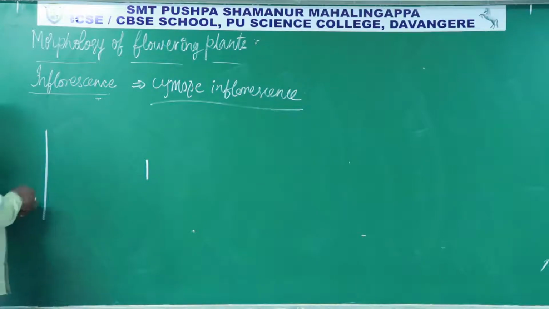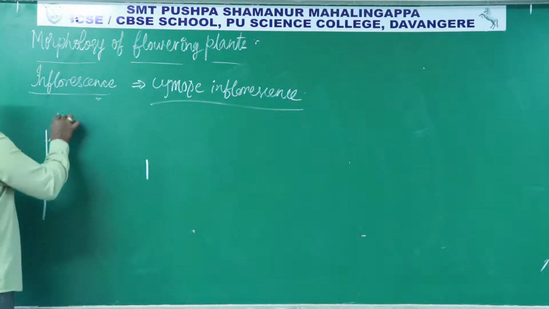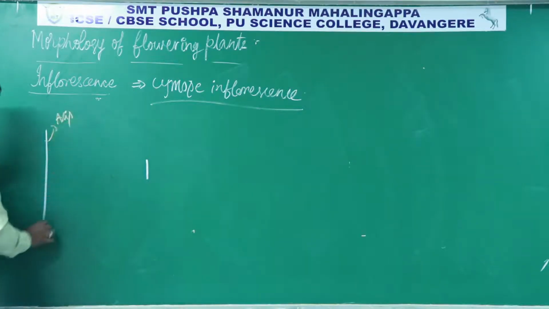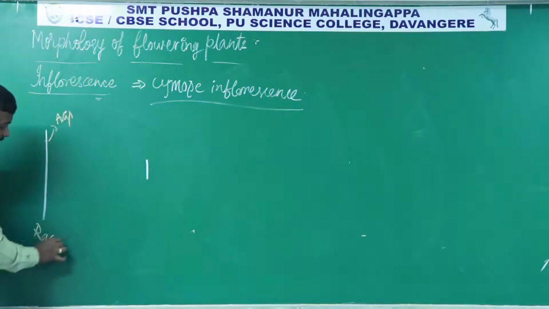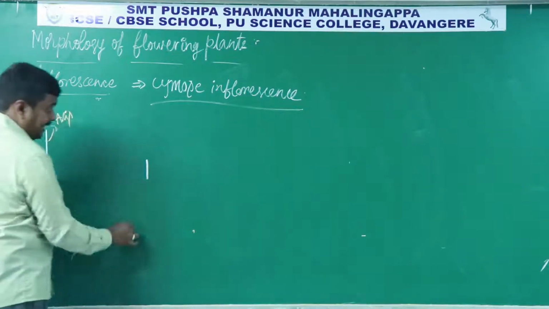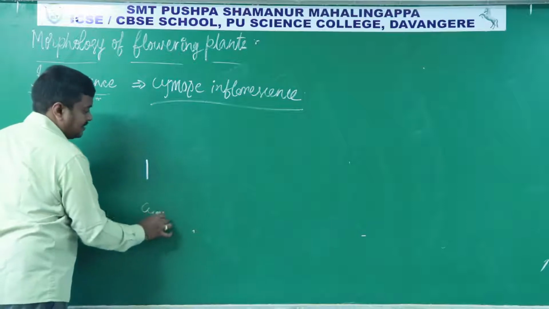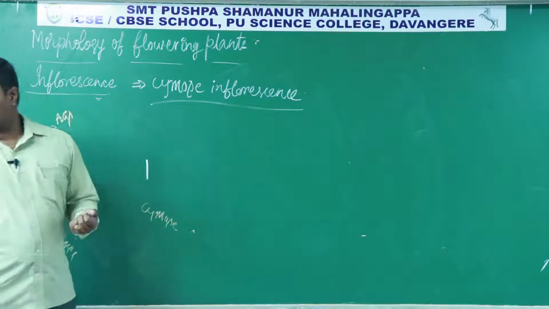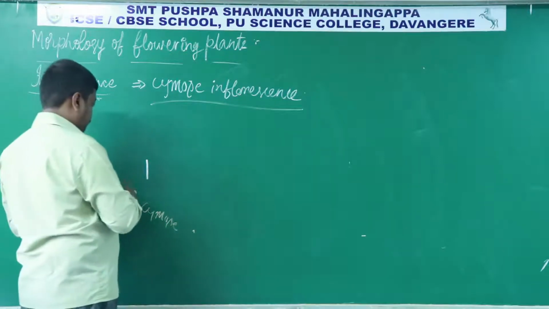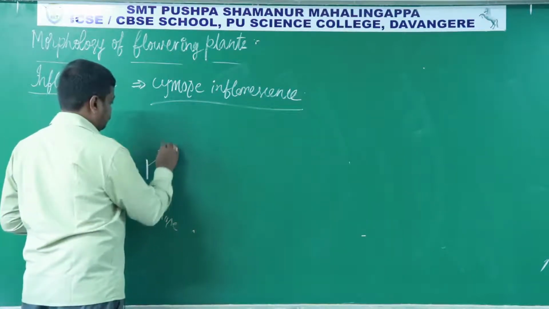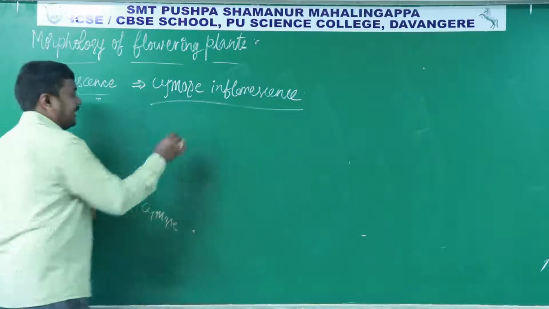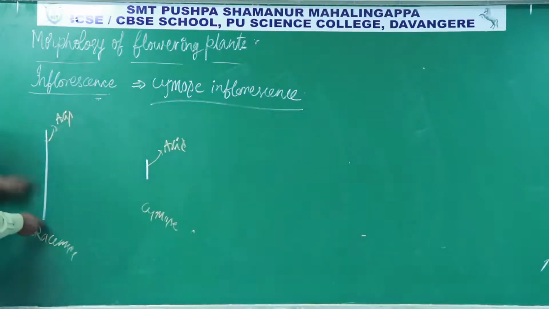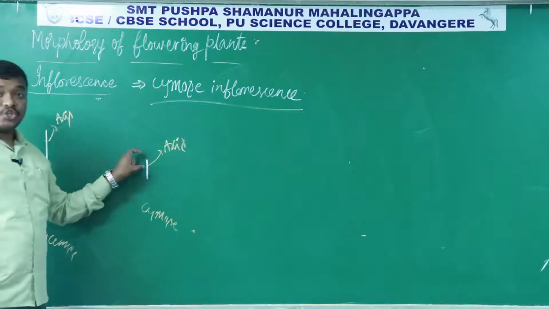This is the axis for racemose, and this is the axis for cymose. So racemose has a very long axis, cymose has a short axis.